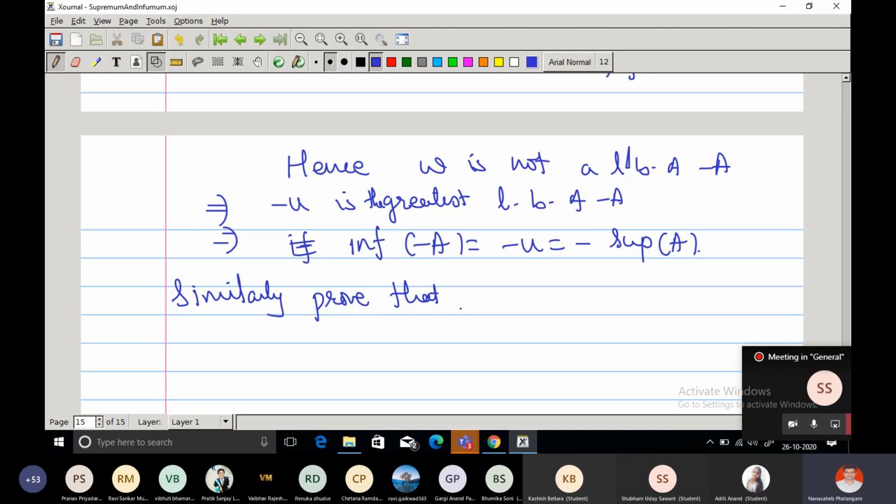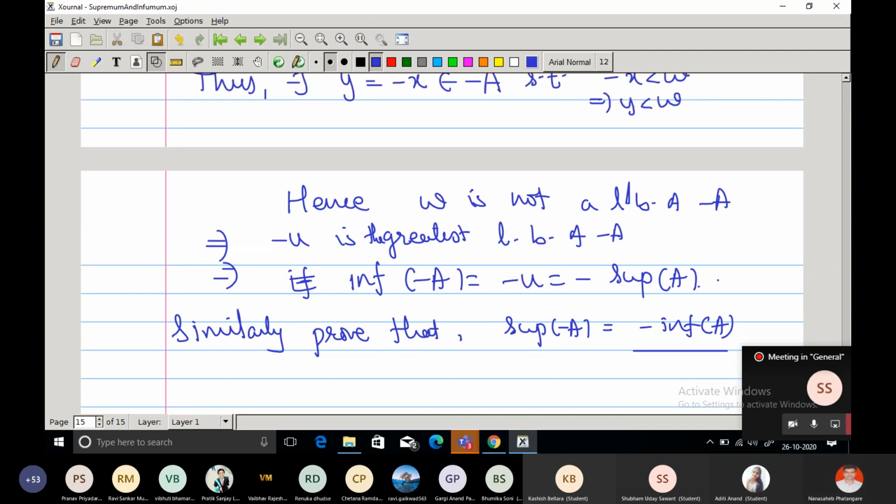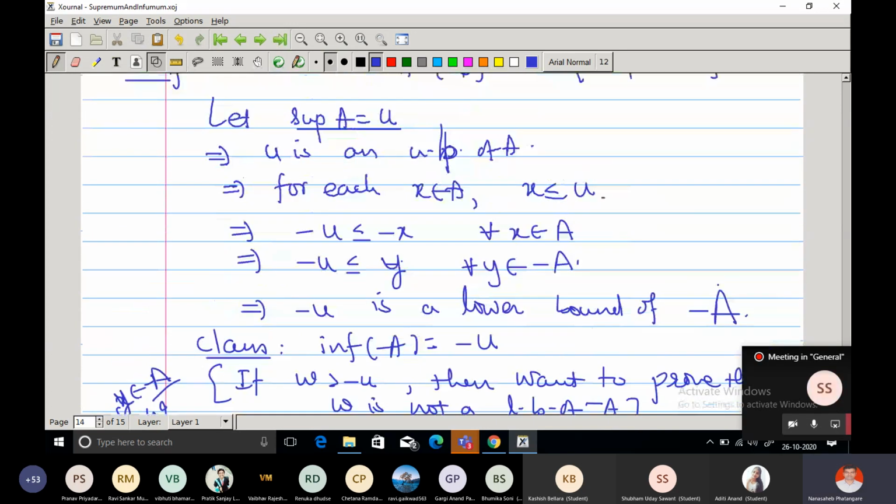Similarly, you try to prove that the supremum of minus A is minus the infimum of A. You try to prove this with similar logic. Is this clear?